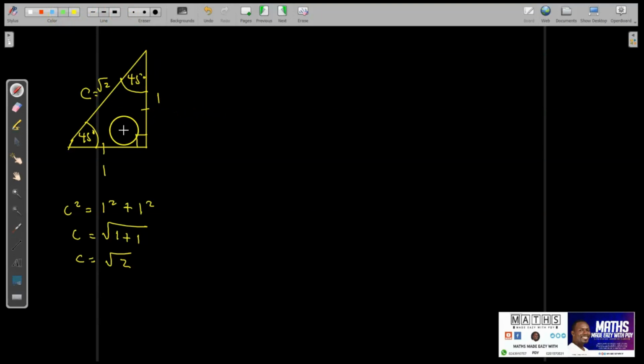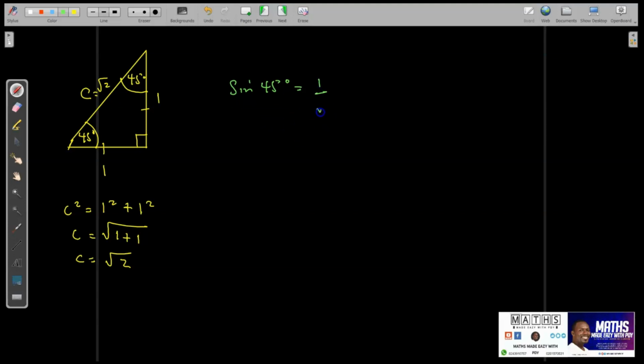Yes, we can find sine of 45 degrees. Remember, the 45 degrees finds itself everywhere. So we can either use the 45 degrees here or the 45 degrees there. It's still going to give us the same answer. If we consider any of the 45 degrees, what is the opposite side of 45 degrees? What value do we have there? 1. Divided by the hypotenuse, what value do we have there?